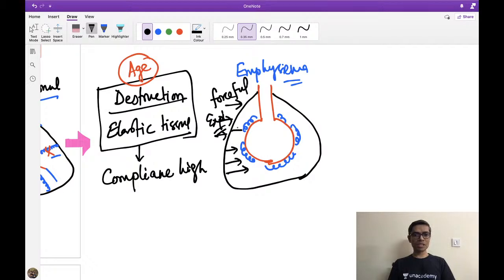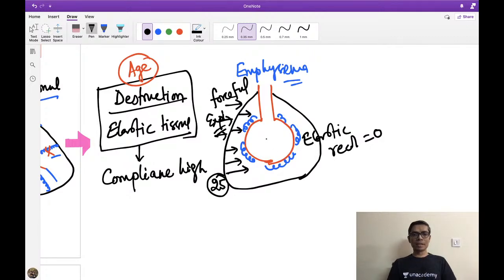Suppose the force coming from the chest wall is 25 millimeter of mercury. This is an arbitrary number; I am taking it for understanding purposes only. So 25 force is applied from the chest wall, and the elastic recoiling force is 0 in this alveoli because the alveoli is destroyed.